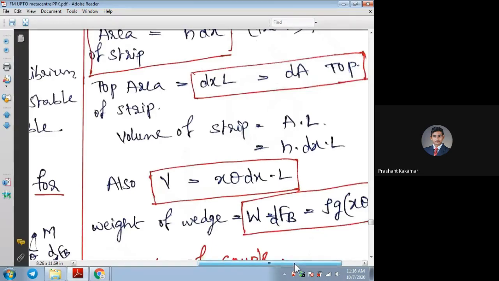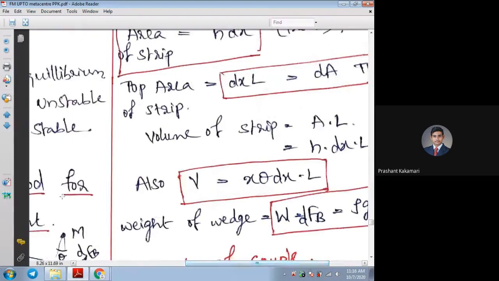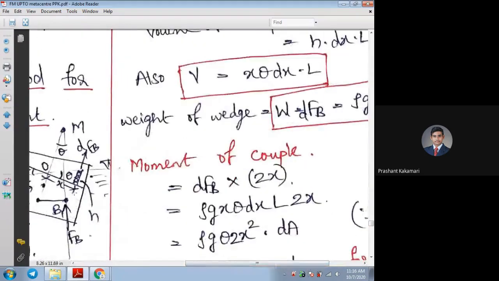The weight of the wedge on one side, because we need to find how much buoyancy force is generated on this right side. See the triangular shape here in the front view. On this triangular shape, what is the extra buoyancy force generated after extra immersing of this body? That dFB is the extra buoyancy force which is generated.